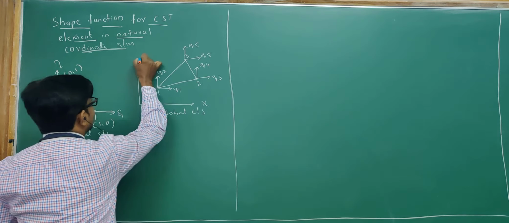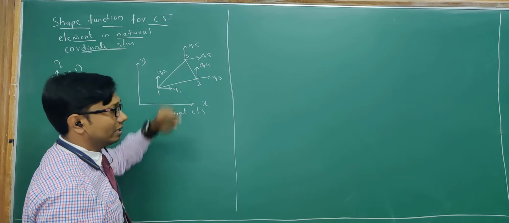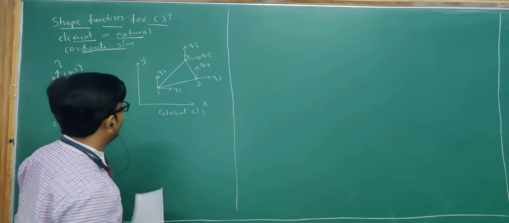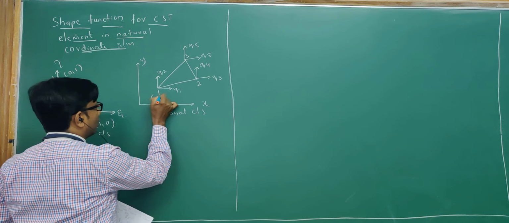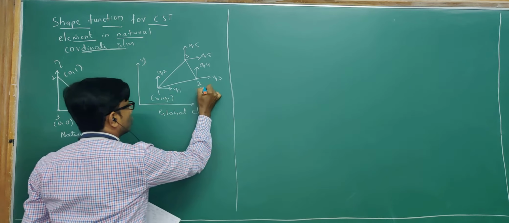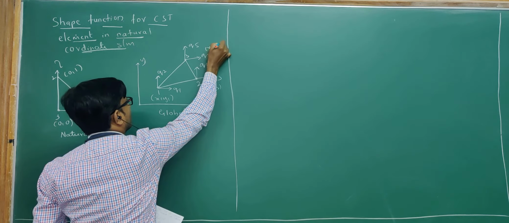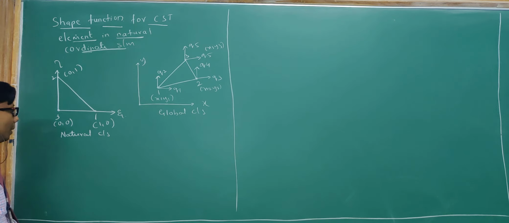So you can call this x and this y. Each node will always have 2 degrees of freedom. This is the representation. We can call this the origin, and x1 y1, x2 y2, and x3 y3 are the coordinates of the nodes of that particular element.